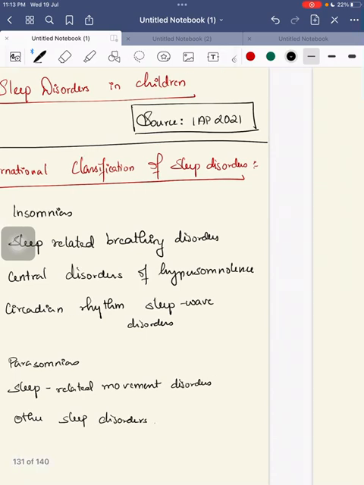Next we'll go into their evaluation and diagnosis. So we'll see the evaluation and diagnosis of these sleep disorders. The first method is by asking questions, that is the sleep questionnaire.